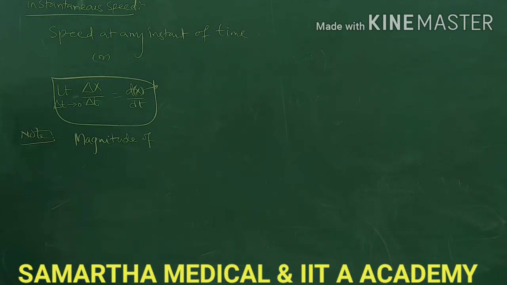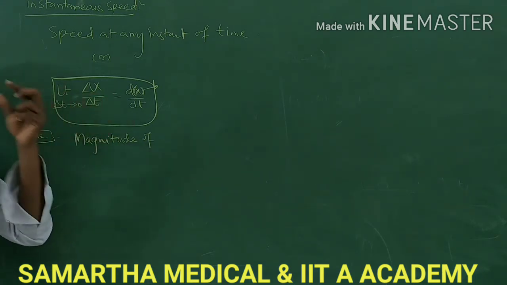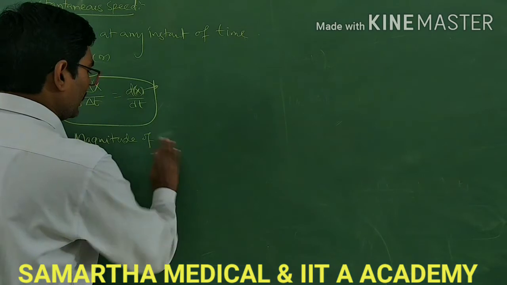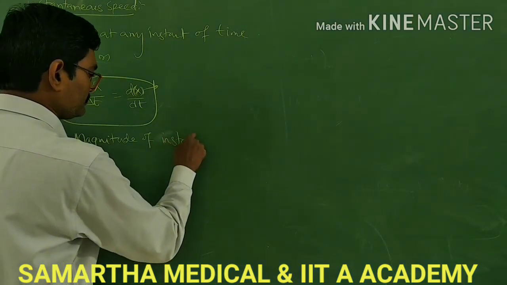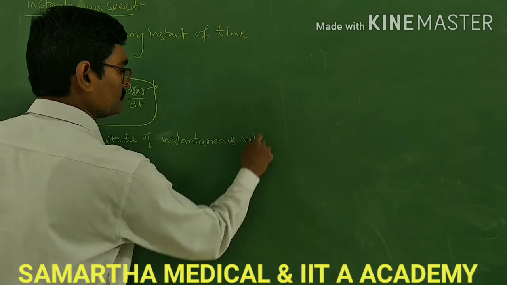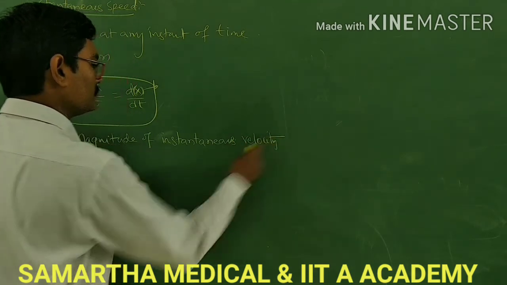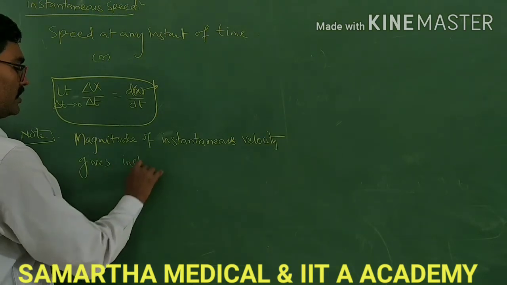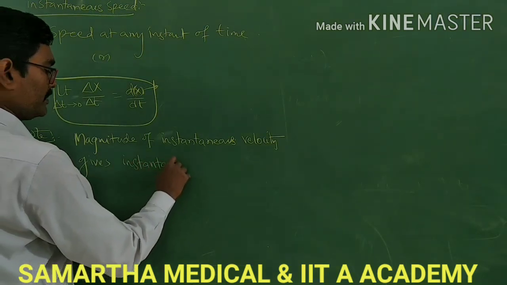During that small interval, if you take a small element of distance, it looks like displacement, a small length. So the magnitude of instantaneous velocity gives instantaneous speed.